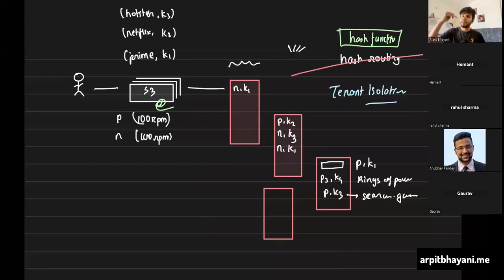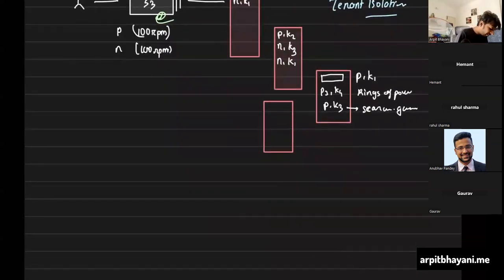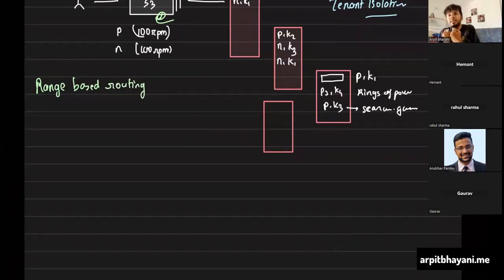So a better way to design this is going with range-based routing, because it gives you the control that you need. You define the range within this bucket: from this key to this key, this is where it would go. From this key to this key, this is where it would go.